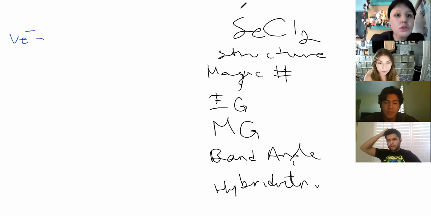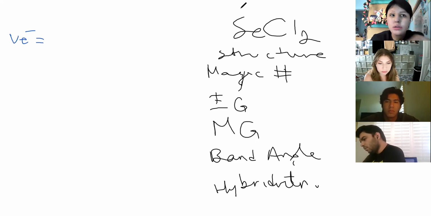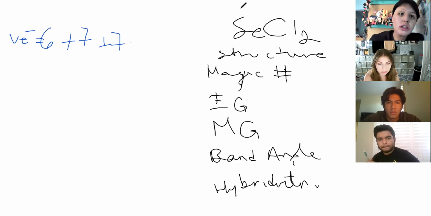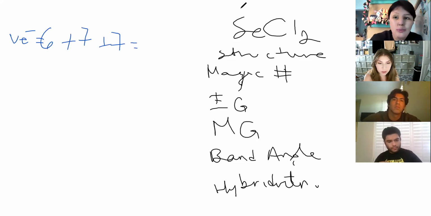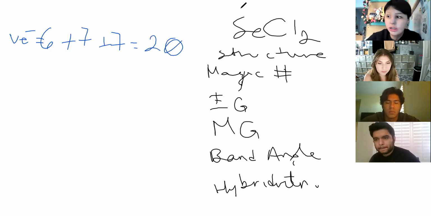So how many valence electrons on selenium? 6. How many valence electrons on the chlorines? 7. We have 2 of them. So how many valence electrons do we have available? 20. Boom. All right.